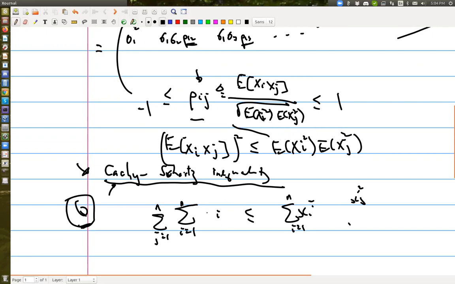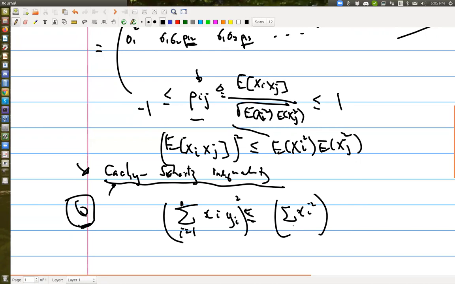So I should write it like this instead: the square of the sum of xi yi is less than or equal to the sum of xi squared times the sum of yi squared.